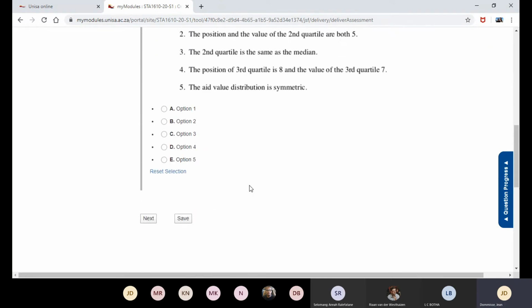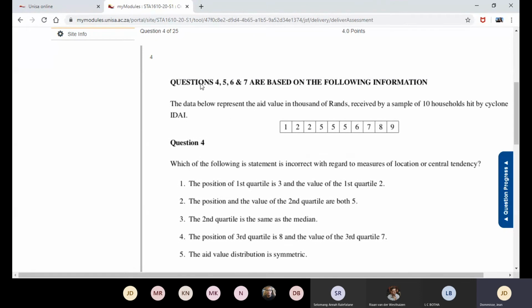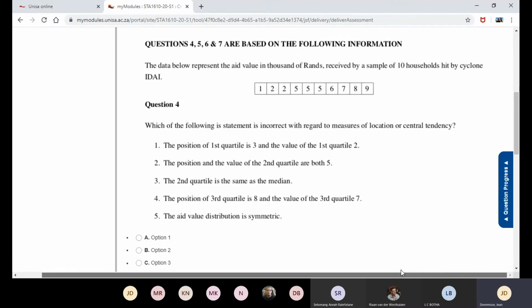Okay, so questions 4, 5, 6, and 7 are based on the following information. I hope they at least give you the table again in the next question. Which of the following statements is incorrect with regard to measures of location or central tendency?